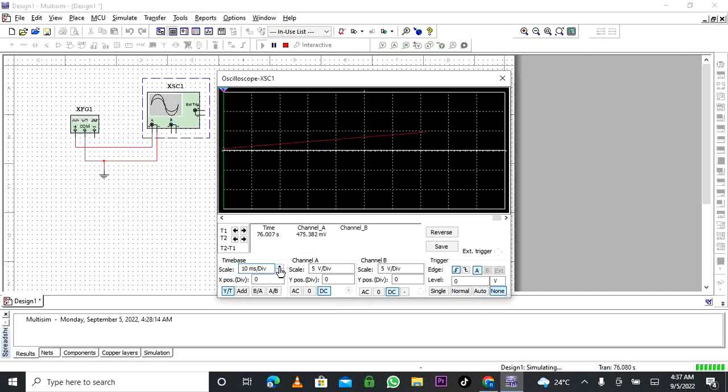Right now, it's at 10 milliseconds per division. Divisions being just these grid lines here. So one division would be from grid line to grid line. That's one division. Right now it's set to 10.